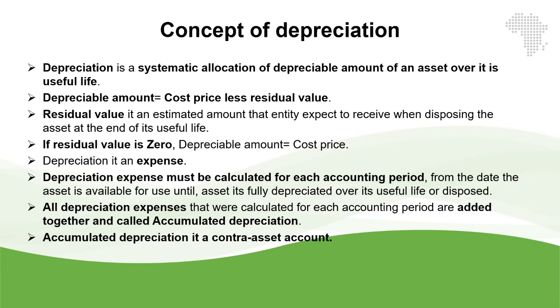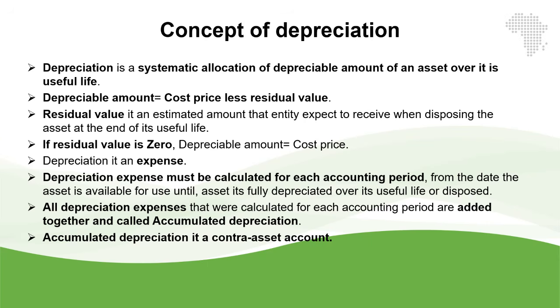A residual value is an estimated amount that an entity expects to receive when disposing of the asset at the end of its useful life. So on the depreciable amount, we are depreciating the asset up to the cost that we cannot really recover, because the residual value is what we expect to receive when we dispose of the asset at the end of its useful life.